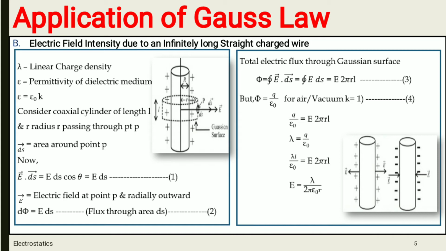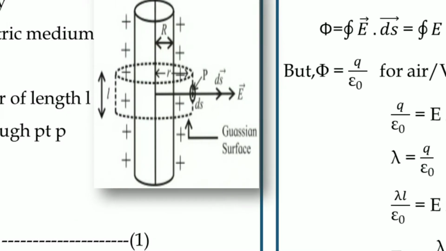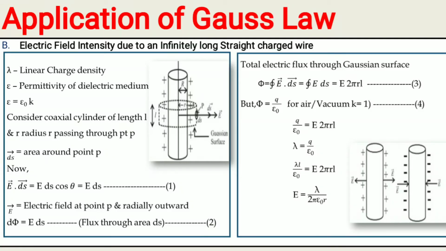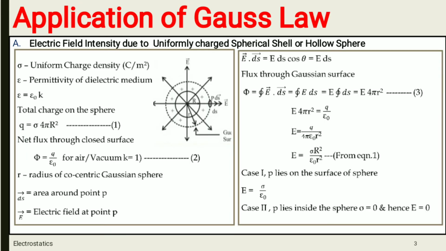Here we took the value of cos theta as 1, because you can see in the figure that the area vector and electric field are directed along the same direction, which is radially outward, and due to that the angle between them is 0.